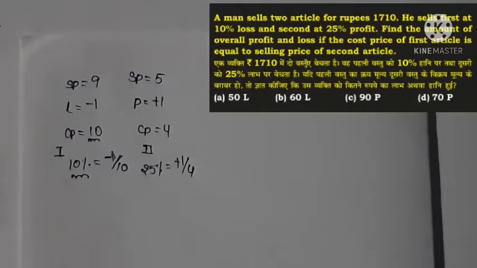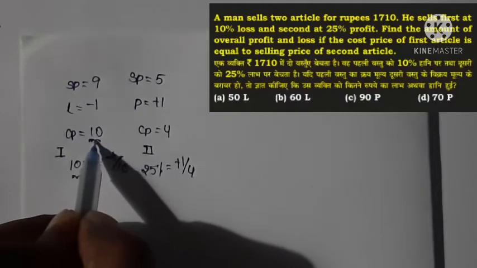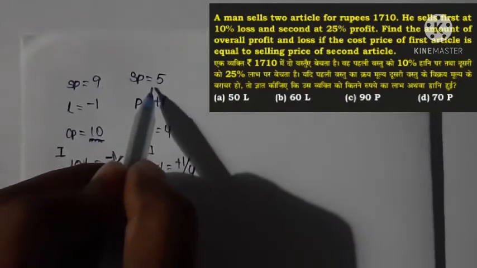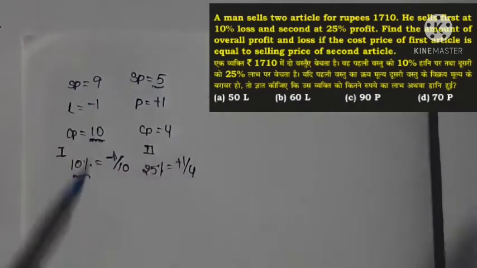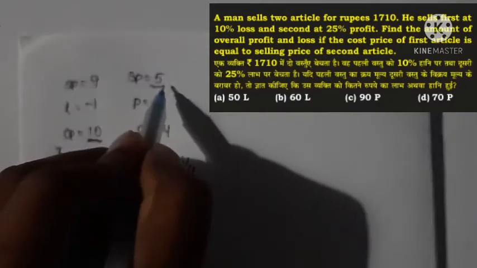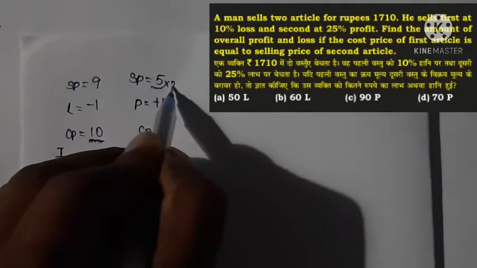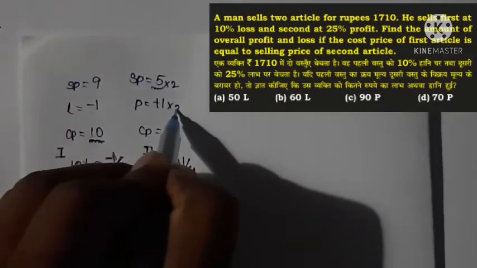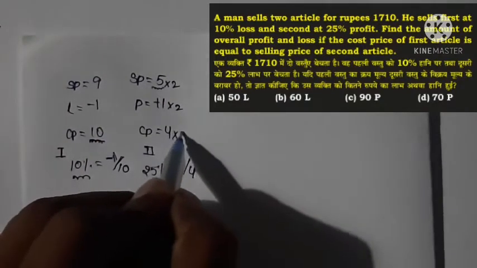The cost price of the first article is equal to the selling price of the second article. See, the cost price of the first article is 10 and the selling price of the second article is 5. So how to equalize? Multiply this value by 2, so into 2, into 2.